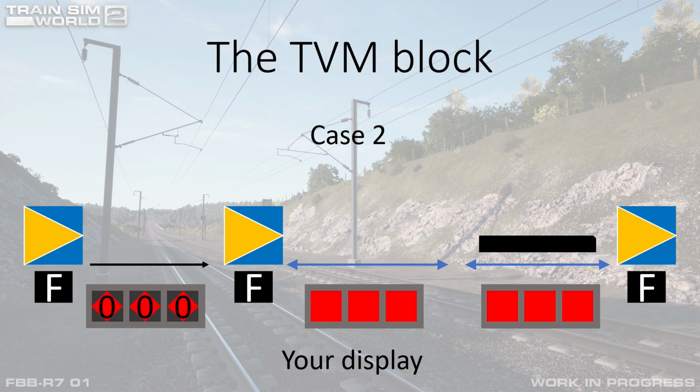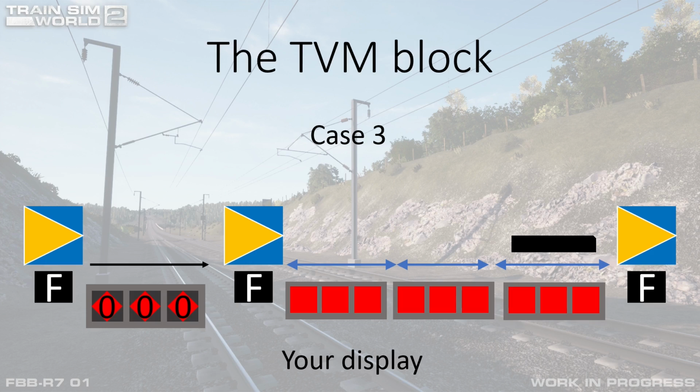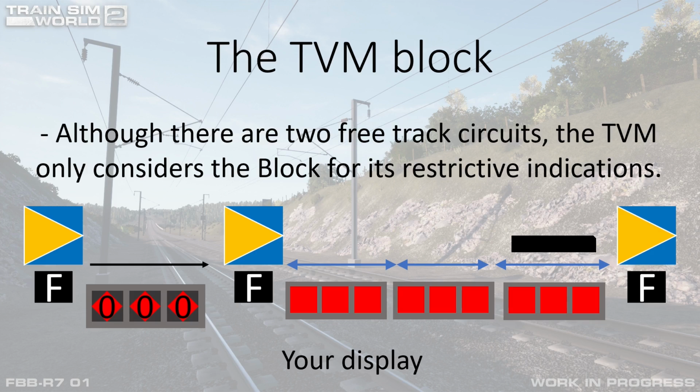There is a third case, in which there are this time 3 track circuits in the same block, and the train is occupying the third track circuit. This time, it might seem a bit weird to some of you, because there is a cabin red under all of the track circuits. But this is because the TVM knows that all of those track circuits are under the same block. For restrictive indications, the TVM only considers the block.